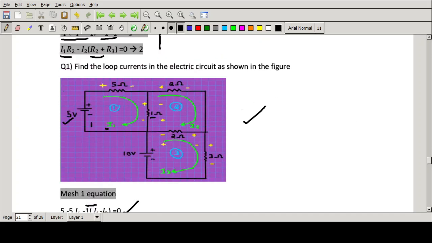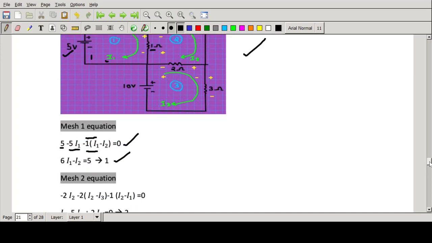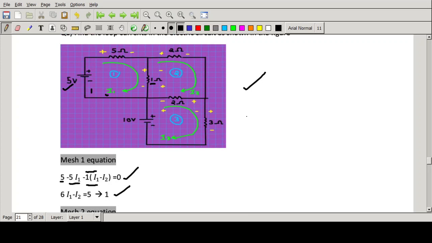In mesh 2 also, assume that you are moving in the same direction, in the green color. When you reach the 2 ohms, it is plus to minus, so it is minus 2 I2. When you reach this particular resistance, you have to consider two voltage drops.